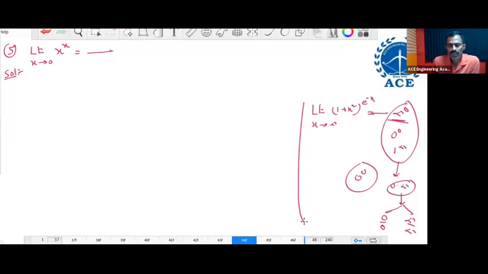Now before doing this problem, just observe the previous problem's function and this problem's function. Just look at both functions. You can find some observation from these two. What is the observation?